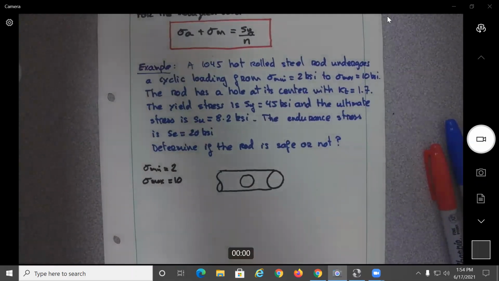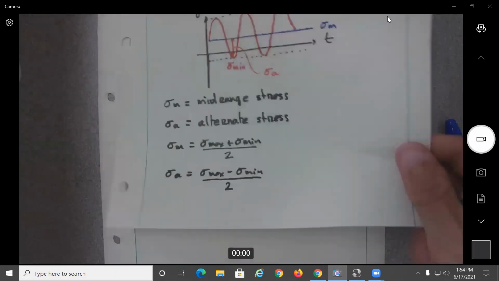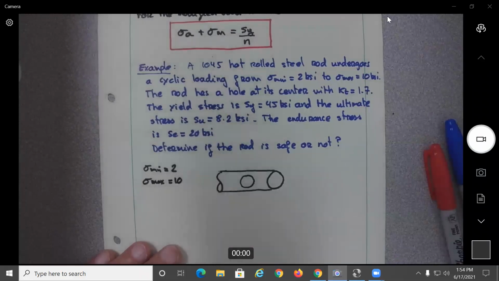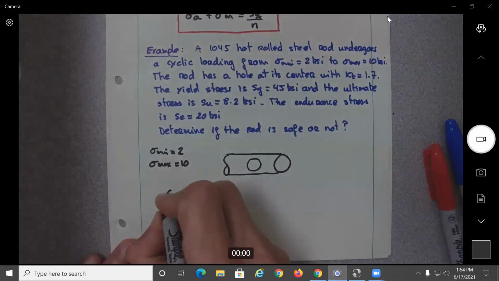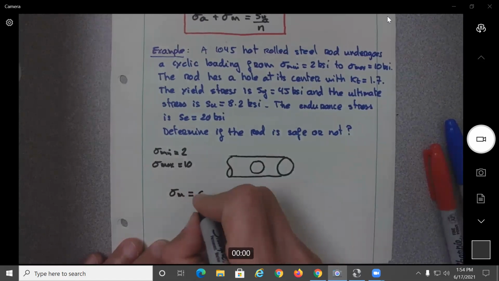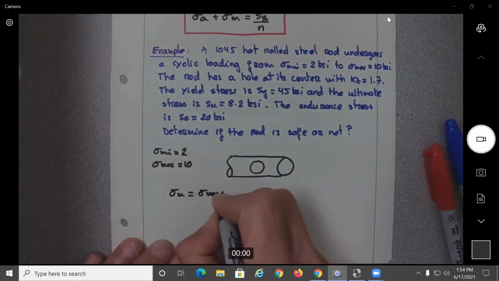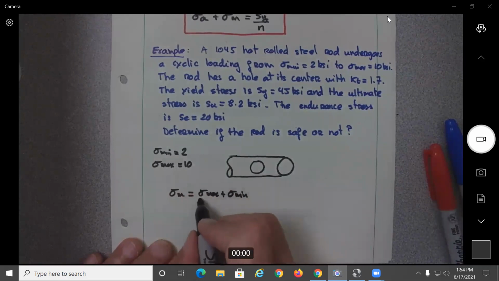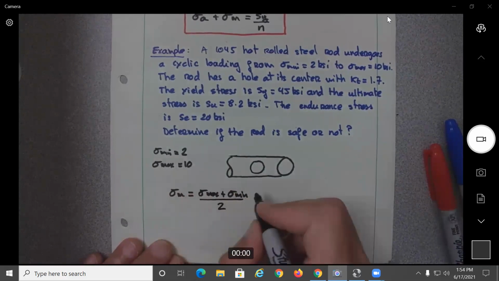So if we go back to the equations that we got from the figures before, the mid-range stress, sigma sub m, is equal to sigma max plus sigma minimum divided by 2.